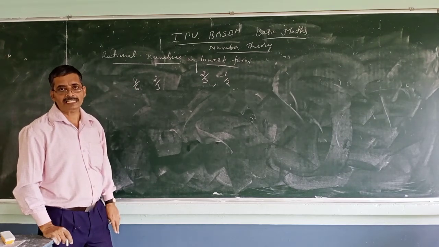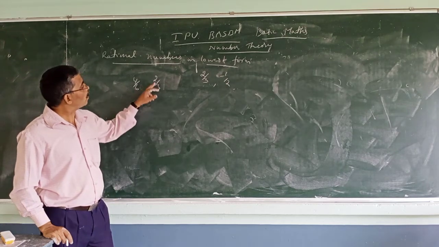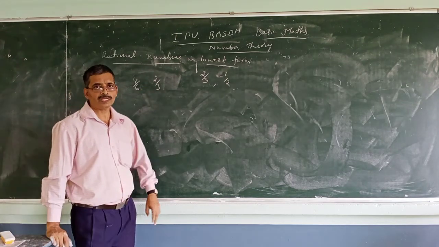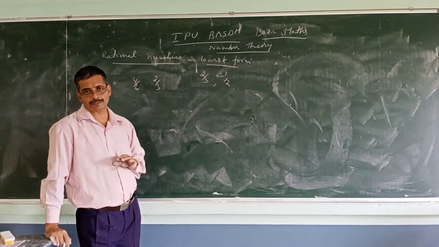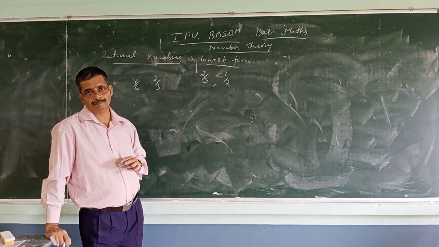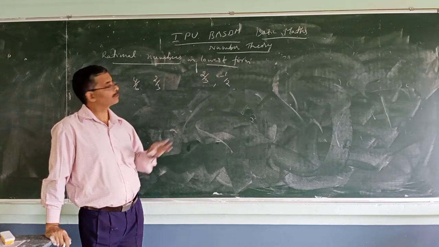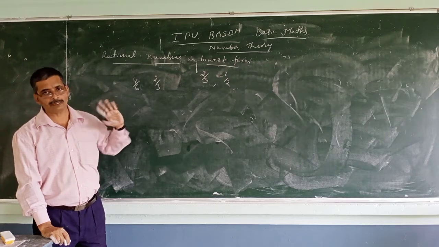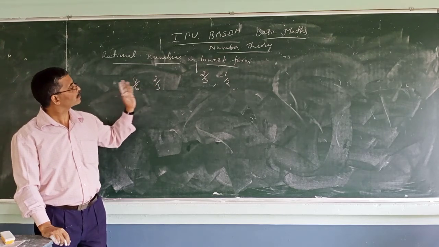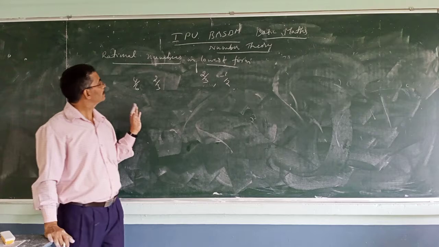What I am saying is that P and Q should be co-primes. They should not have any common factor. Of course, 1 will always be a common factor, but it doesn't matter.